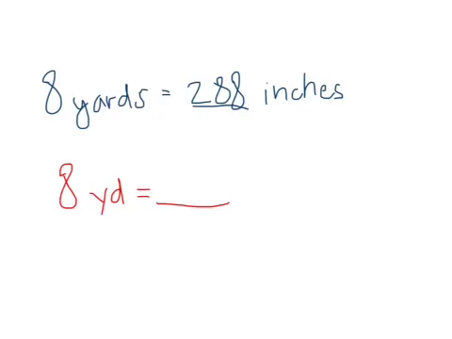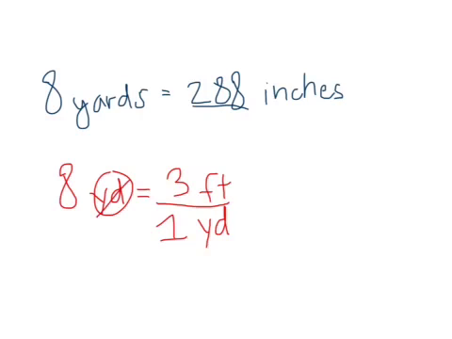Here's yards. We don't want yards, so we have to get rid of yards. We put yards down here, and then we know that there's 3 feet in 1 yard. The reason we put them diagonally against each other is so they can cancel themselves out.